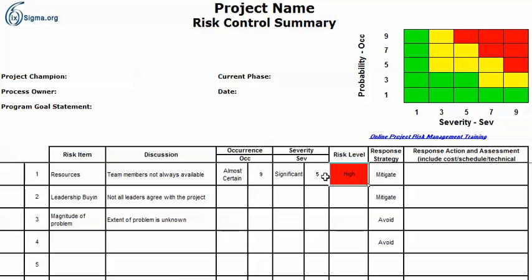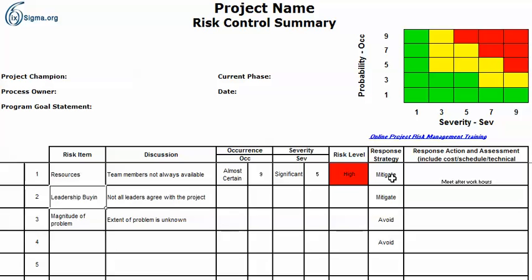So a severity of 5 and an occurrence of 9 gives me a red, and that's what is colored down here. Now my risk strategy, let's suppose I just put mitigation here, and then off to the side my response action and assessment. So maybe we agree to meet after work hours, something like that.